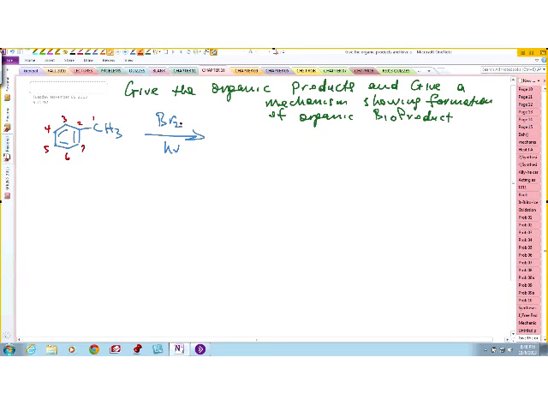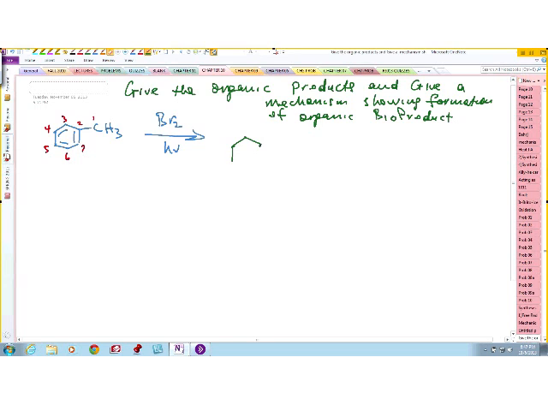It replaces the hydrogen attached to an sp3 carbon. In other words, one of these hydrogens will be replaced. You need to give this specific definition, because if you don't, you will be missing the point. So this reagent replaces a hydrogen that is attached to an sp3 carbon.